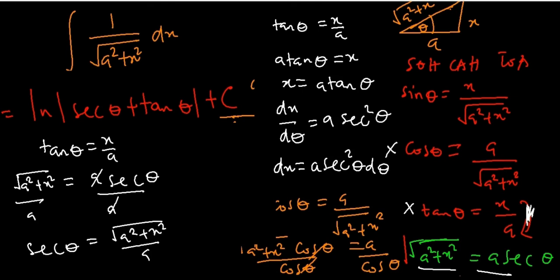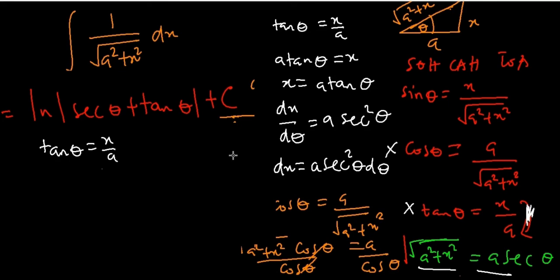Okay, so let me clean this and then rewrite it. So I have sec theta equal to the square root of a squared plus x squared divided by a. Now that we have this, let's substitute them into the final answer.